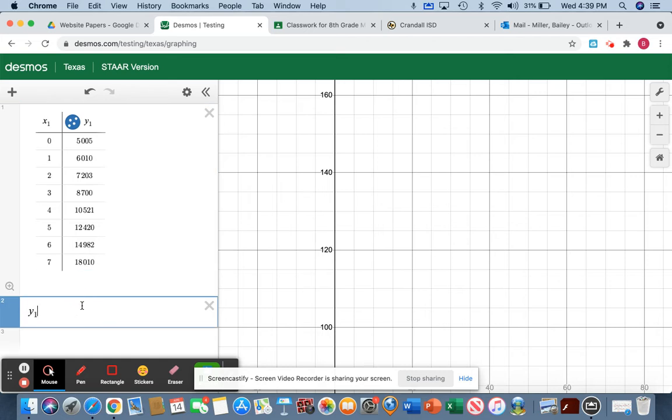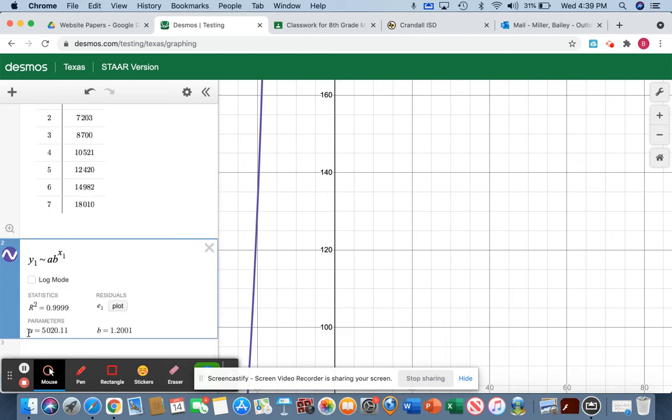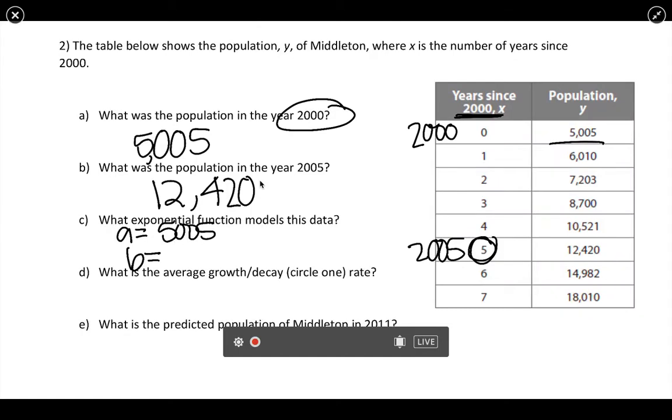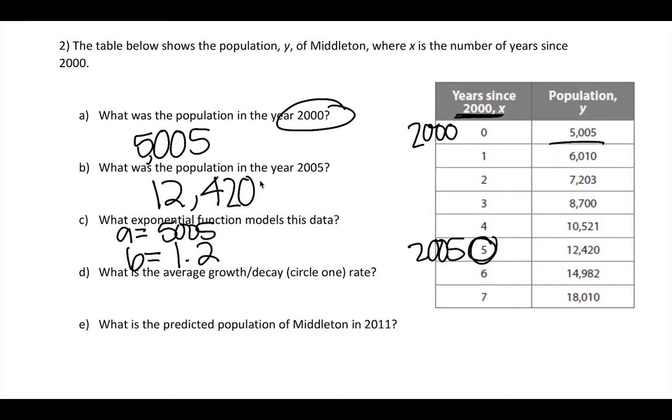And then it's y1 squiggly ab to the x1 power. Again, we're going to ignore that. We know it's 5,005. I don't know what that's doing. Again, I'm going to look into that and figure out what's happening. But 1.2 is my b. Okay.